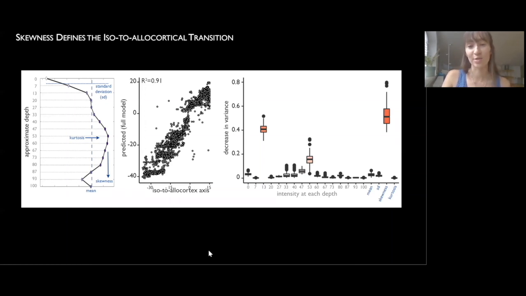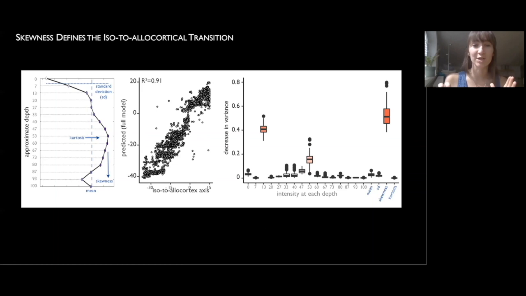Then we could use an iterative leave-one-out procedure to test which feature was most important for our model. We find that the skewness was most important in explaining variance within this model. That's quite interesting because, as I showed before, the skewness changes from sensory to limbic regions.